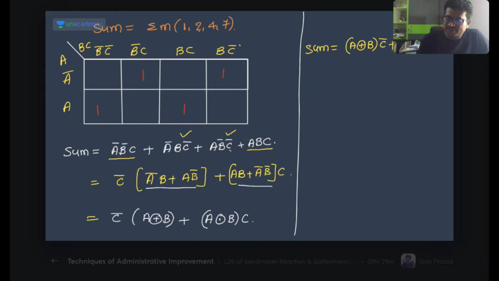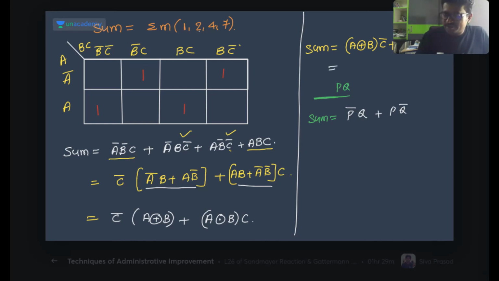Now you tell me, if we have two inputs, let us consider P and Q, two terms. Can you tell me the sum expression? What we can say here is P bar Q plus P Q bar, isn't it? This seems to be like this.